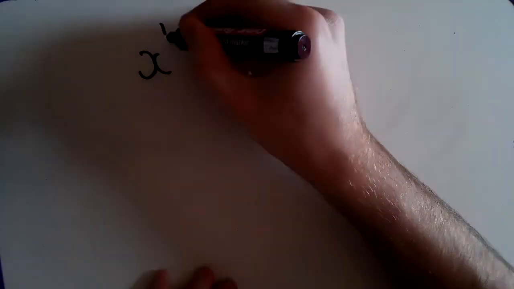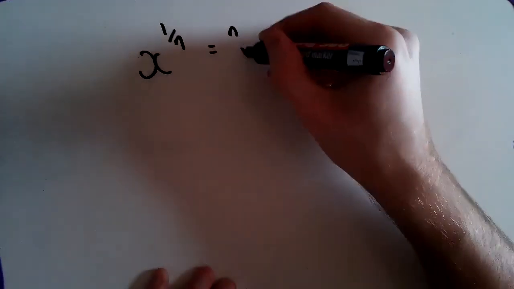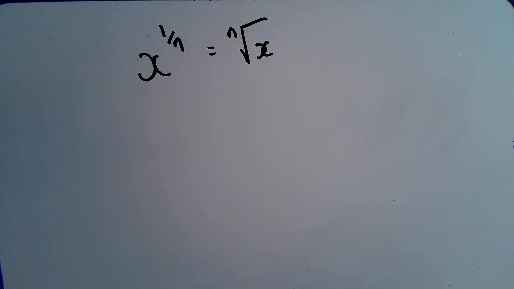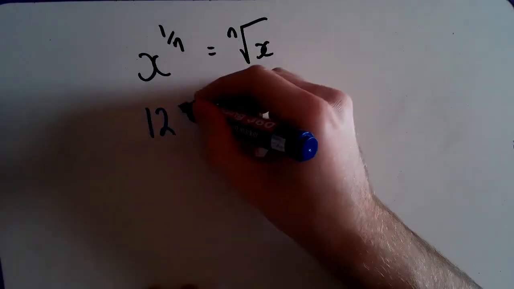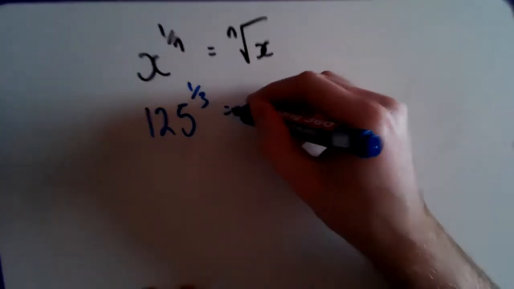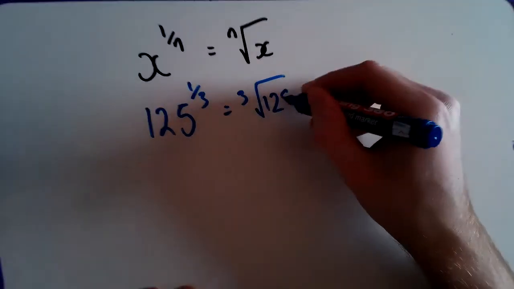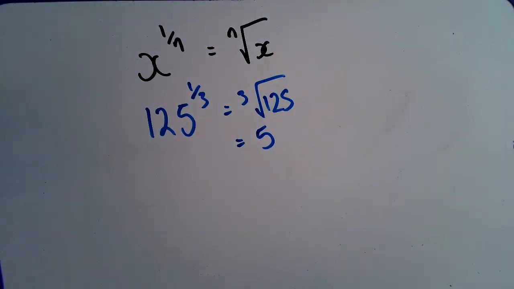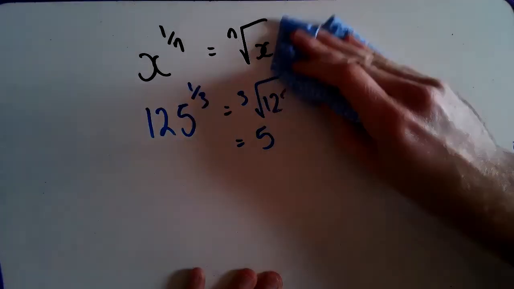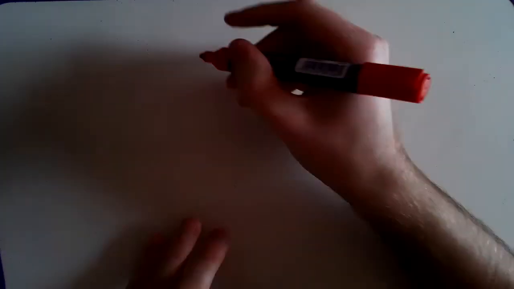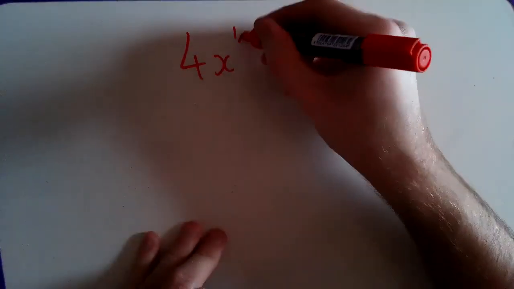Okay, and you also know, hopefully, that something like x to the 1 over n means the nth root of x. So something like 125 to the power 1 over 3 is the cube root of 125, so it's just 5. And the misconception I see for this one is something like 4x to the half.